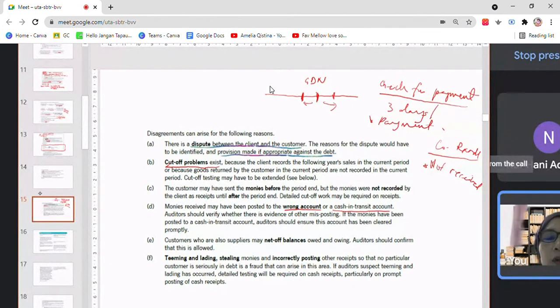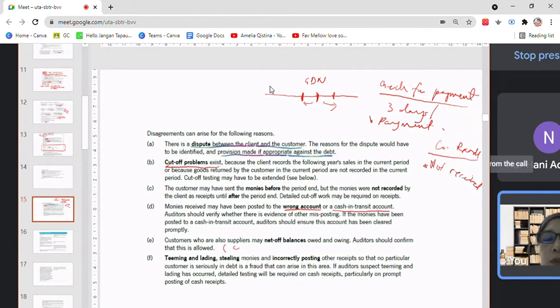An auditor should verify whether there is evidence of other misposting. If the monies have been posted to cash in transit, the auditor should ensure that this account has been cleared promptly. That is item in transit. Customers who are suppliers may net off balances owing and owed. The auditor should confirm that this is allowed.